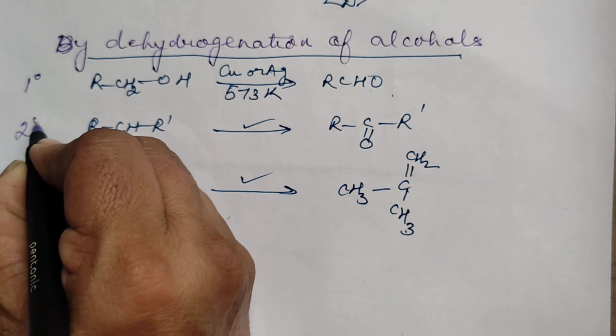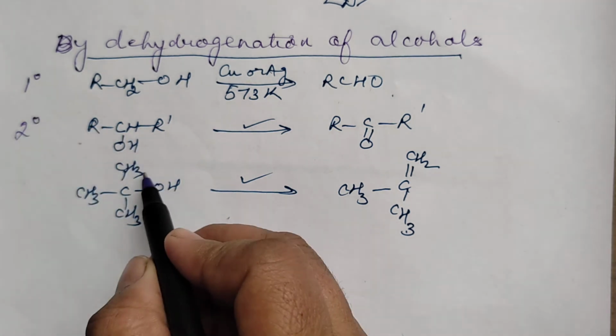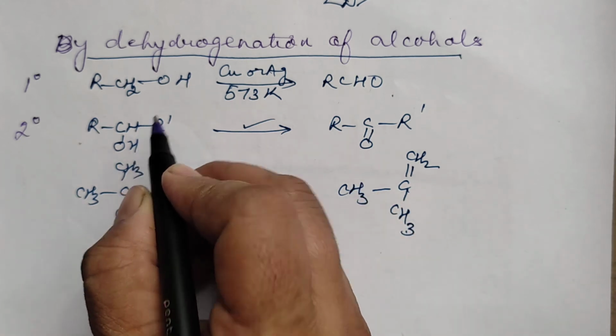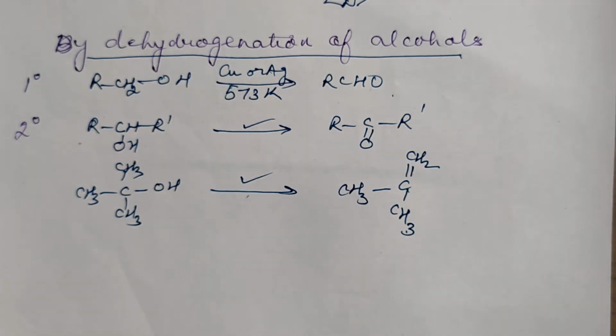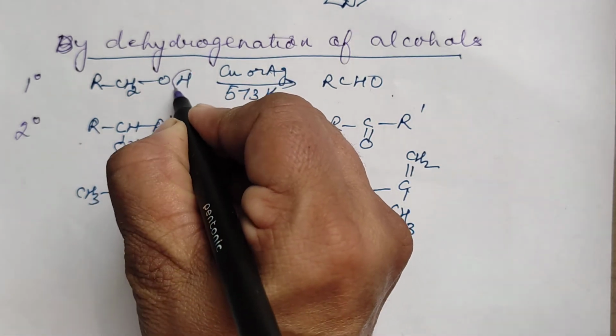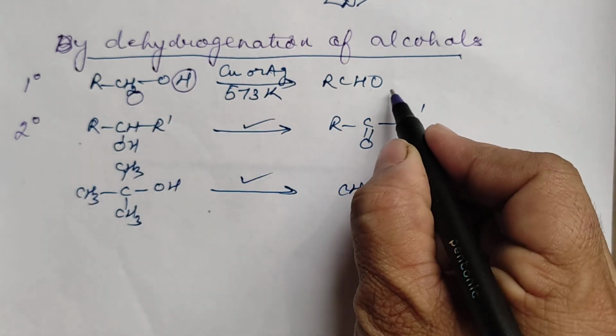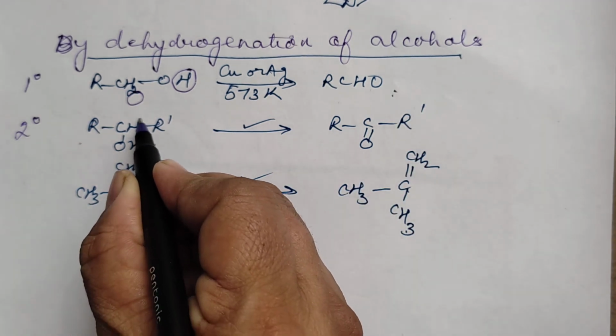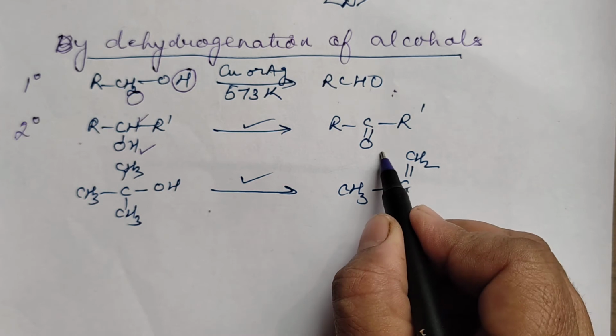If you use 2 degree alcohol in the presence of the same catalyst, then dehydrogenation means hydrogen is removed. How will you remove hydrogen? 1 H from here, 1 H from here, that means you are getting aldehyde. Similarly here, 1 H from here, 1 H from here, that means you will get ketone.